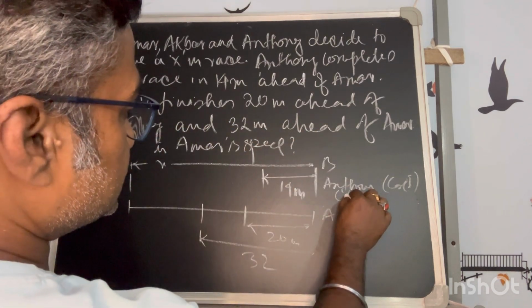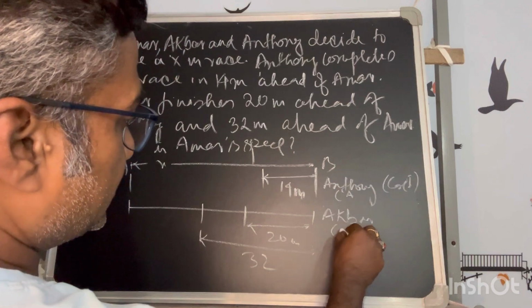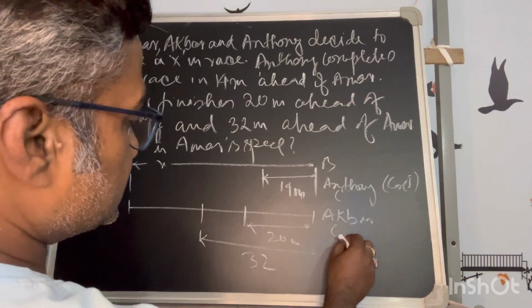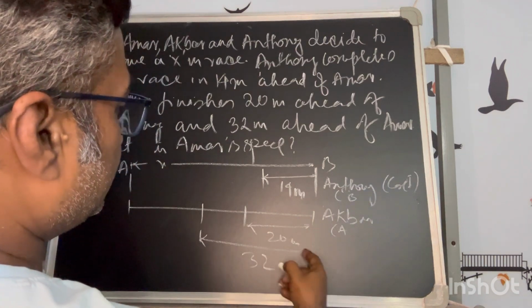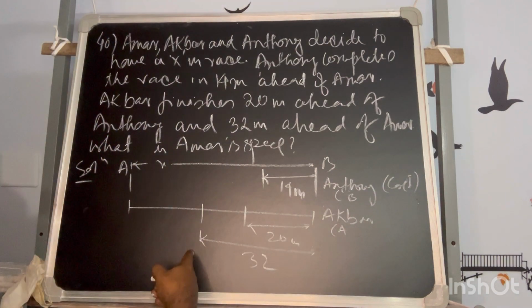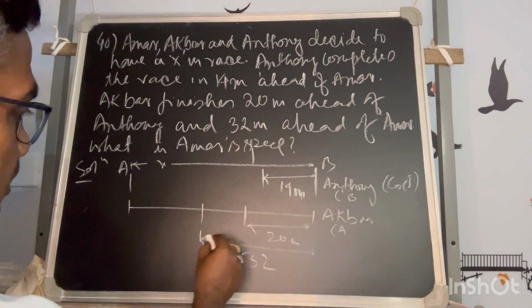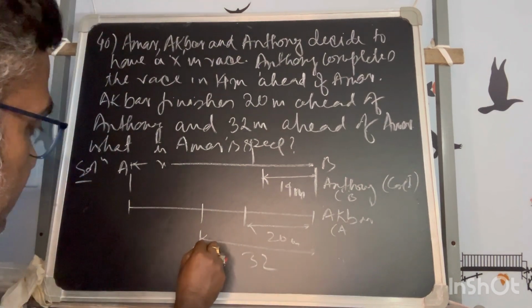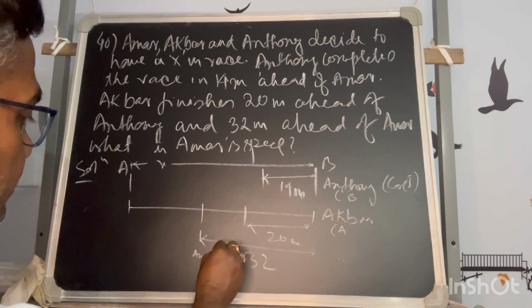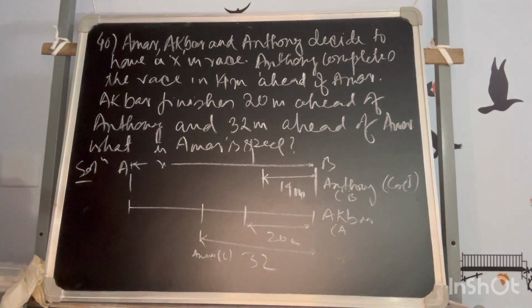Rather, I will say Anthony's speed is B, Akbar is the fastest one, so I will say his speed is A, and Amar's speed is C. So this will be distinguished.